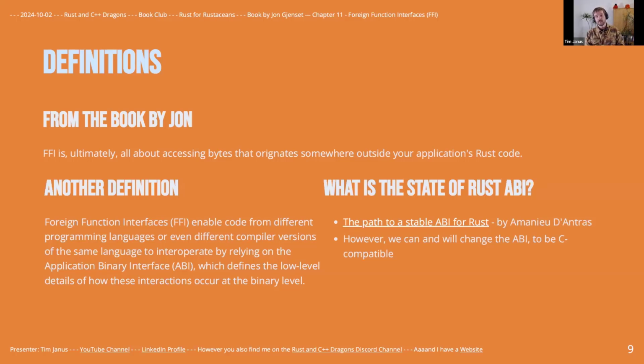There's a very interesting talk about ideas for how you can stabilize that, because that would be good for dynamic linking. Nonetheless, we don't need a stable Rust ABI because there are other ABIs around, for example the C ABI, and that's what we will use because that has been the basis of foreign function interfaces for all other languages too, for decades. And that's more of a side note for interesting things to learn.